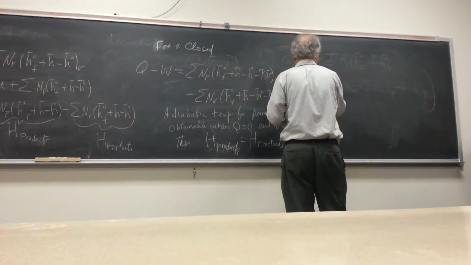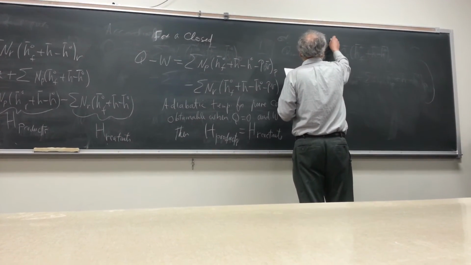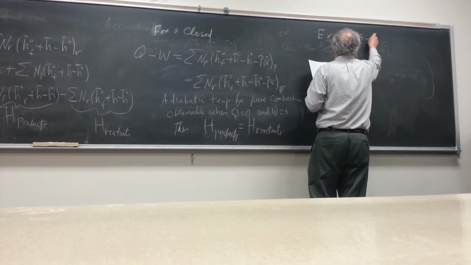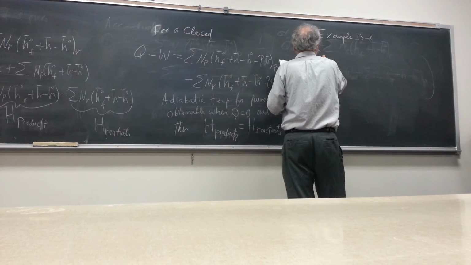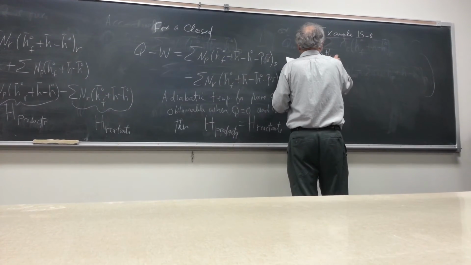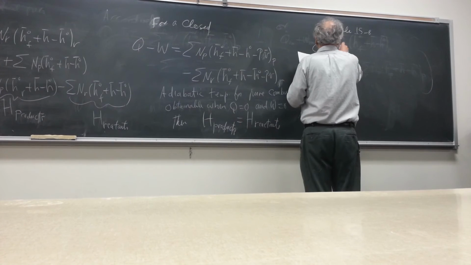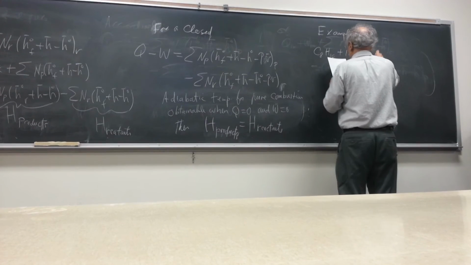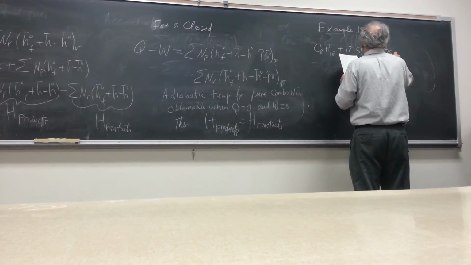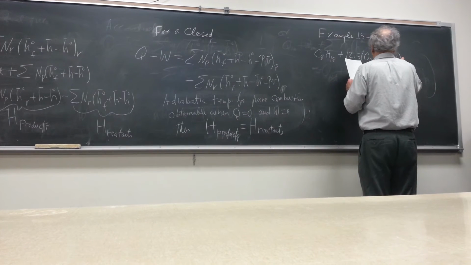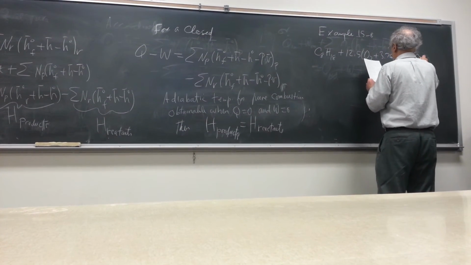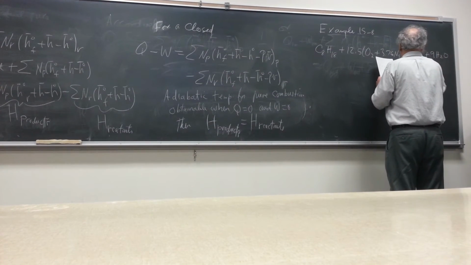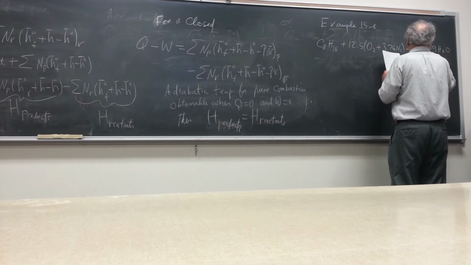Example 15.8 uses this. I'm not going to go through it, just highlight it. It uses C8H18, octane, pure combustion, with O2 plus 3.76 N2, giving us 8 CO2 plus 9 H2O plus 47 N2.